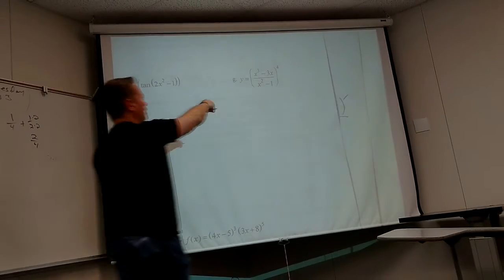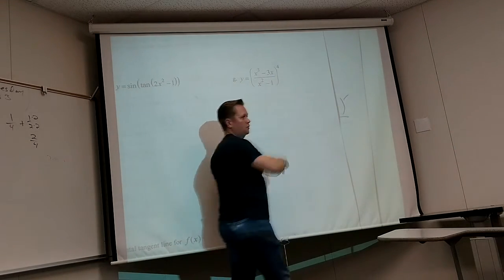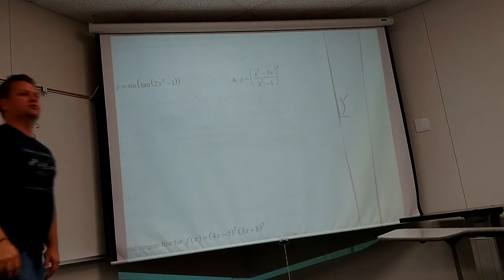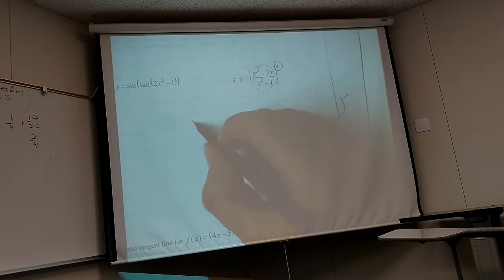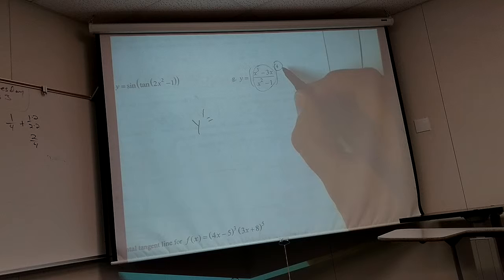I know the function happens to involve a quotient, but I see a function inside of another function. So what rule? Chain rule. Quotient rule is going to be what I do with that link, right? So what's chain rule say? I've got something to the fourth power. How do I take its derivative? The 4 comes down.